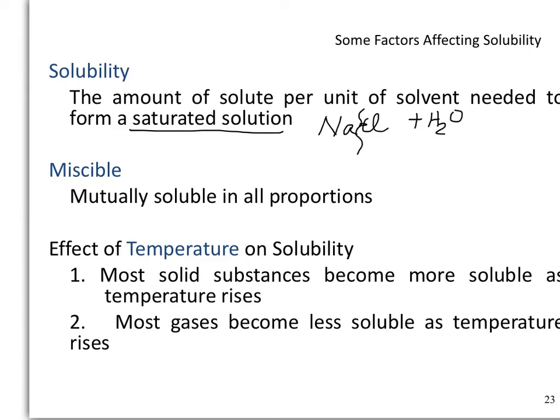They're going to dissociate, and you're going to end up with Na plus and Cl minus, and then these ions tend to interact with the water molecules, and hence we say that solvation takes place.